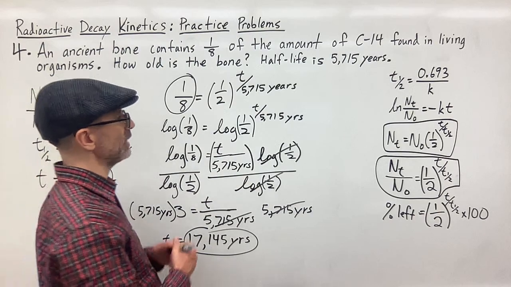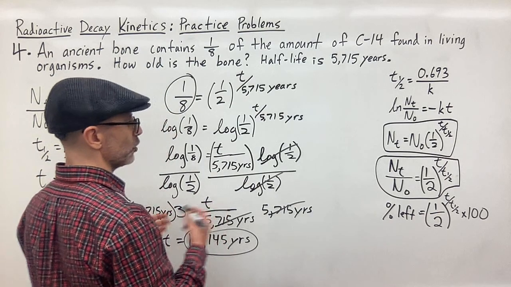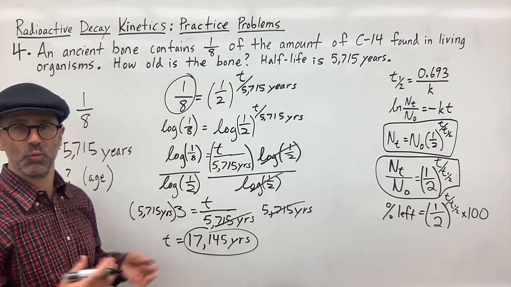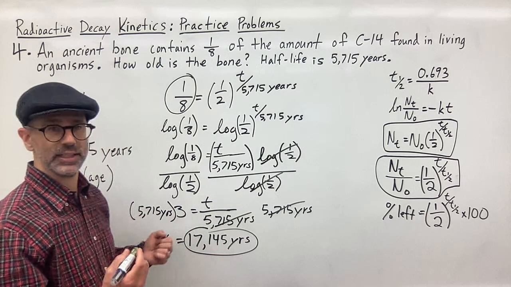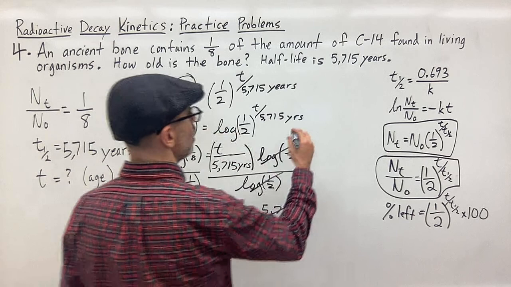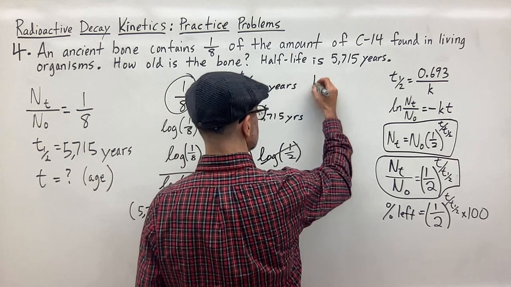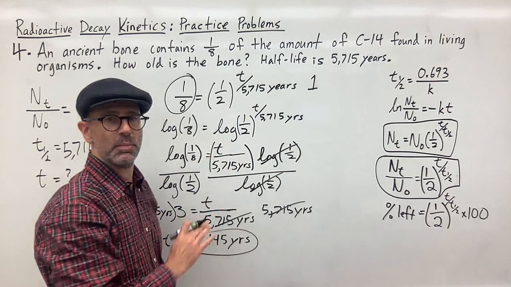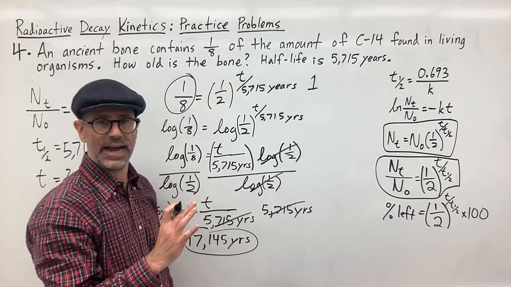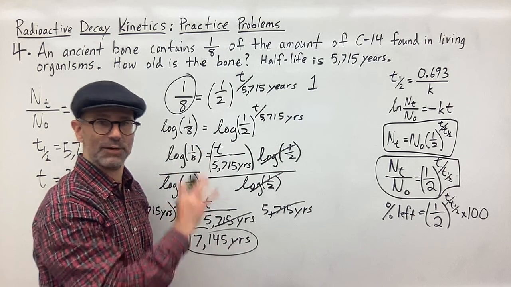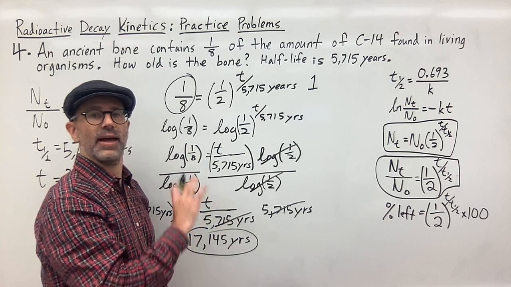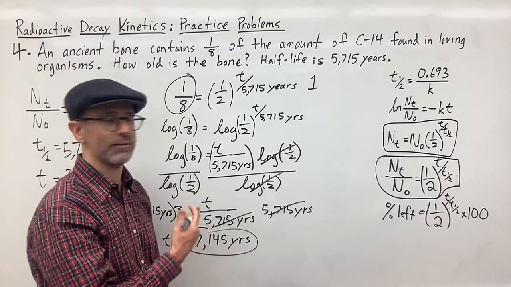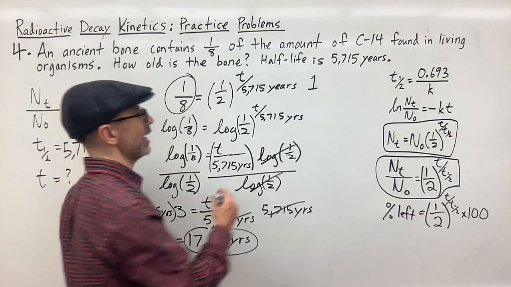All we need to think about is, if we start with 1, let's say 1 of anything, 1 gram, 1 mole, whatever it is, then we keep dividing by 2. We keep taking 1/2 of the 1 until we get to the fraction that they are telling us we have at the end of the decay.